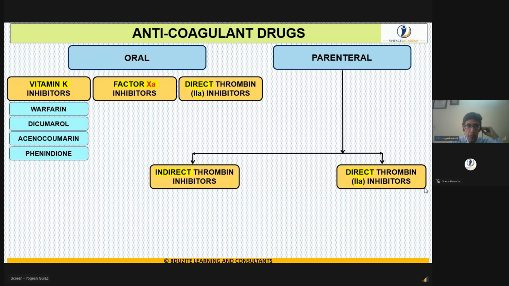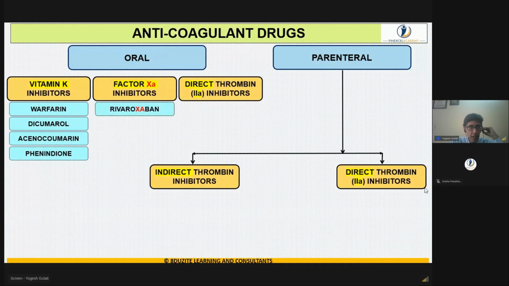So there are 4 drugs: the coumarin group, which consists of warfarin, dicoumarol, acenocoumarol, and phenindione. Simple, they are vitamin K inhibitors. All the other drugs are either 10A or 2A inhibitors. Okay. So now in the previous slide we looked at that drugs inhibiting factor 10A and 2A are all other drugs. Only vitamin K inhibitors are warfarin group. All others are acting on either 10A or 2A.